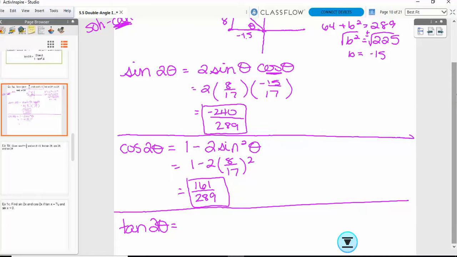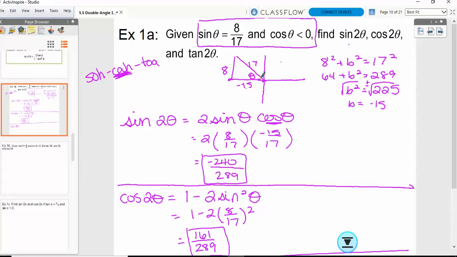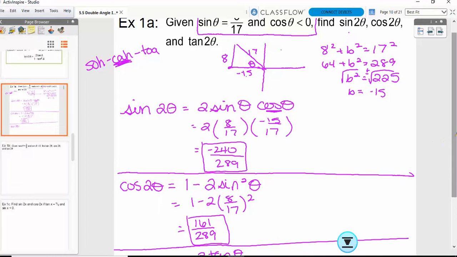All right. Tangent. How do I get that? 2 tangent theta over 1 minus tangent squared. So tangent of theta, tangent of my original. So tangent is TOA, opposite over adjacent, so 8/-15.